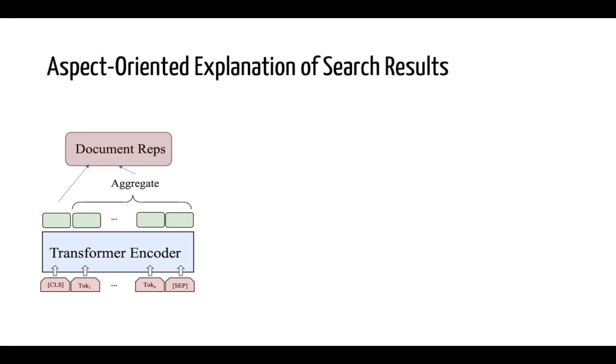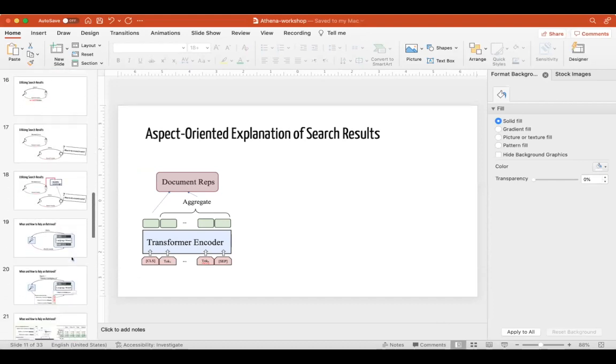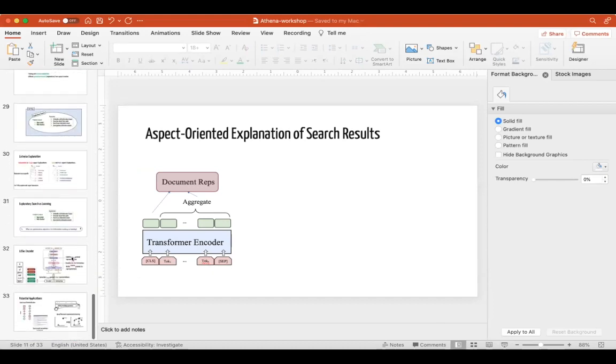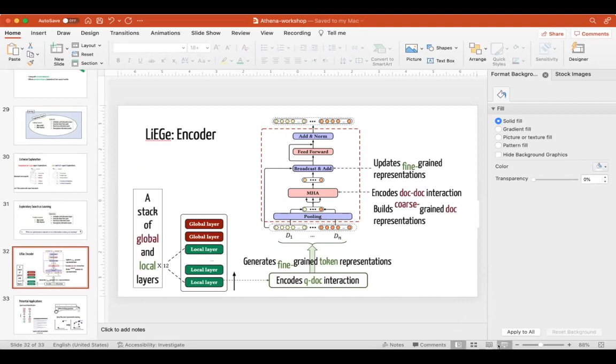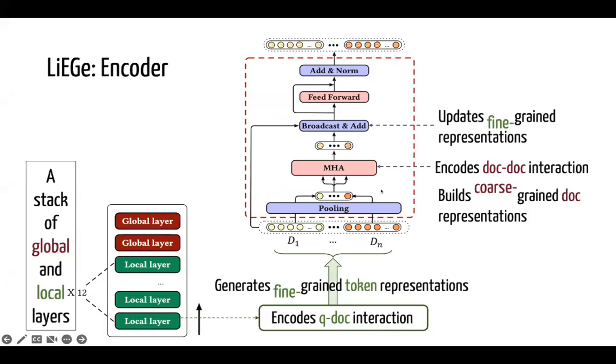When these document representations are updated based on document interaction, and similarities and differences between documents, we use those coarse-grained representations to again update the token-level representation. I have a slide showing how this is done by changing the architecture of transformers by adding a global layer.